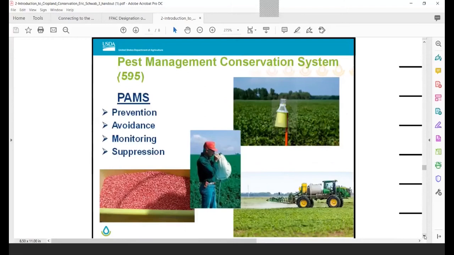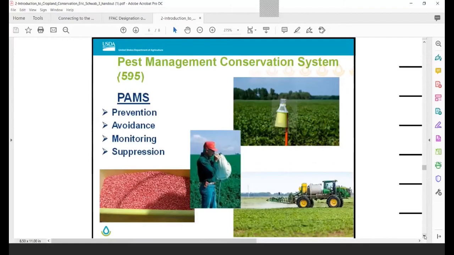The next step would be for that producer to monitor, whether they're dealing with resistant weeds. Maybe they check their fields twice a month or every week to see if they have any weed escapes before they apply the pesticide. The 595 standard is not a standard for just applying pesticides.